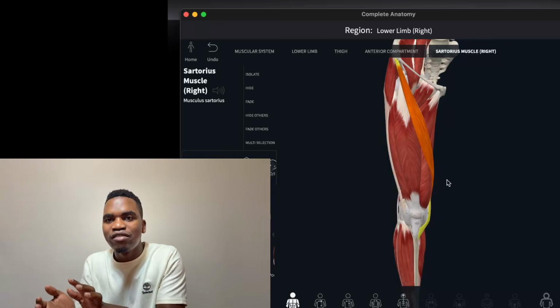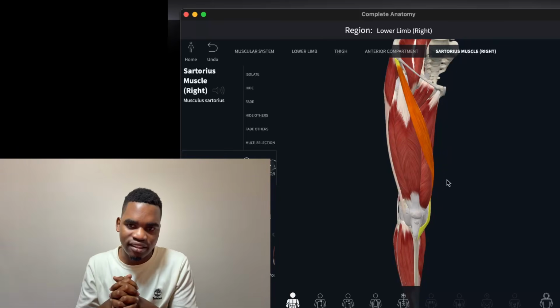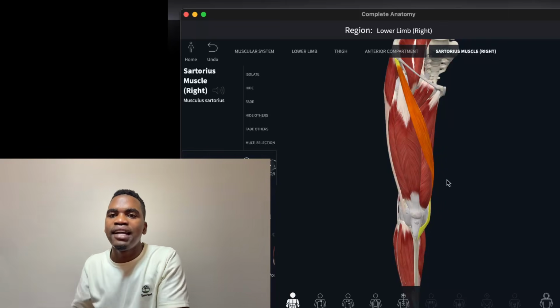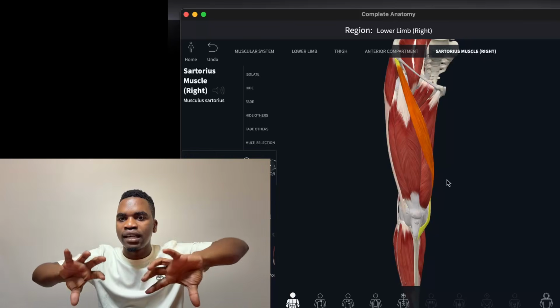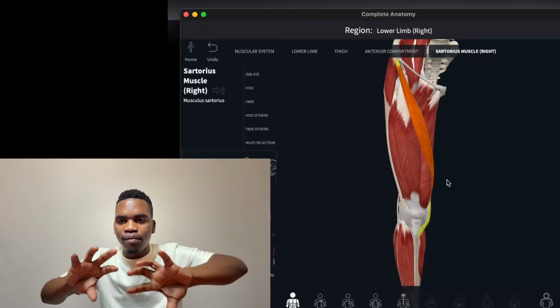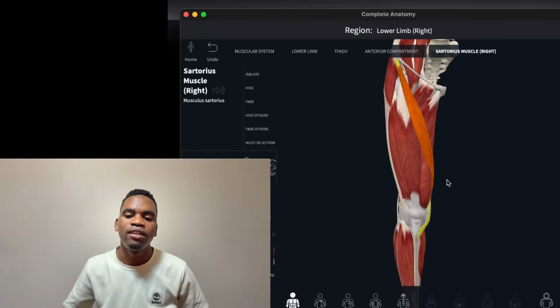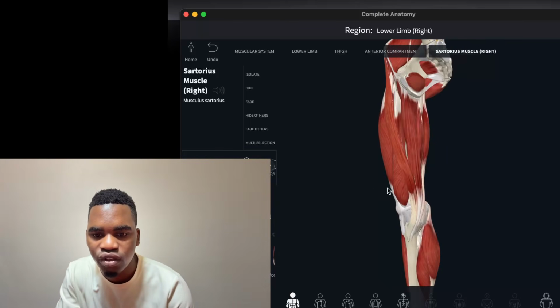Together, this movement is conducive for honeymoon activities, because if you have action of the right sartorius muscle and the left sartorius muscle, you're going to externally rotate both thighs, abduct both, and flex the hip and the knee joint, and that's why it's considered the honeymoon muscle. This is the sartorius muscle.